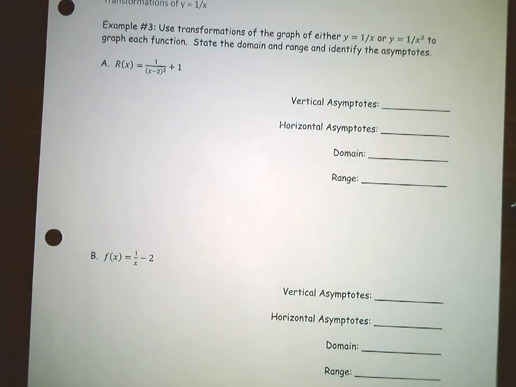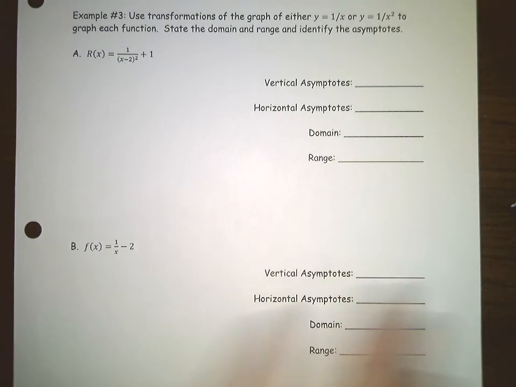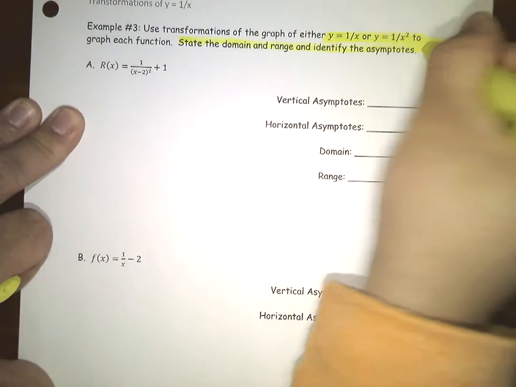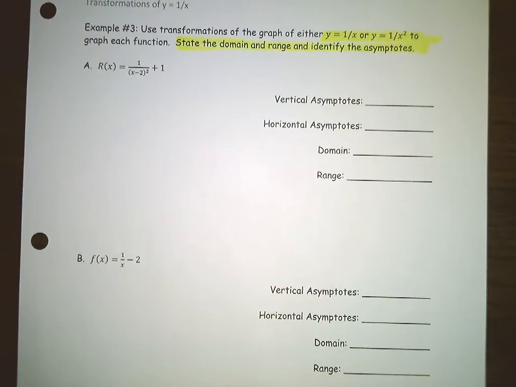So now let's go to finding the graphs of these rational functions by transformations. So use transformations of the graph of either y equals 1 over x or 1 over x squared to graph each function, and then state the domain and range and identify the asymptote.